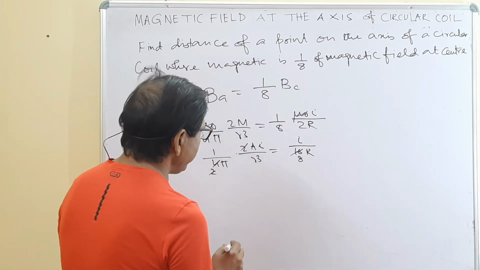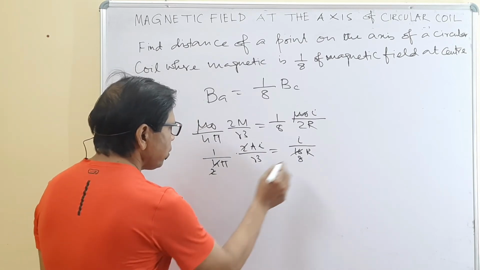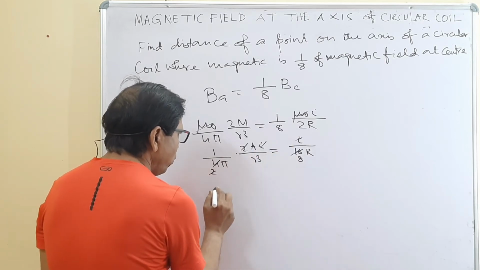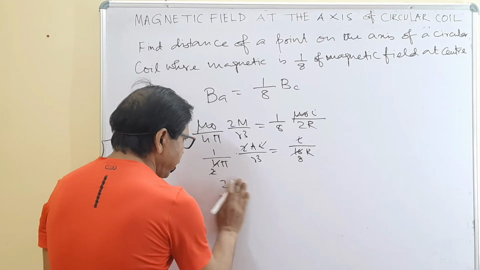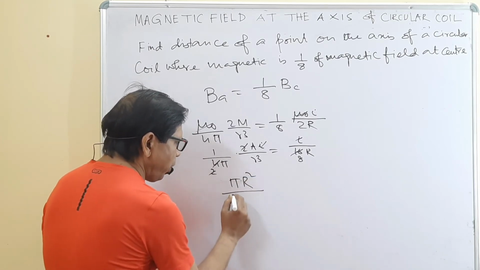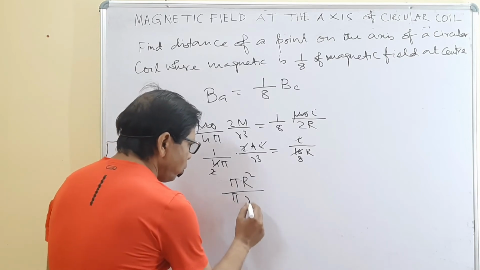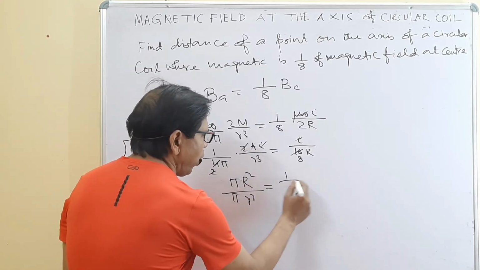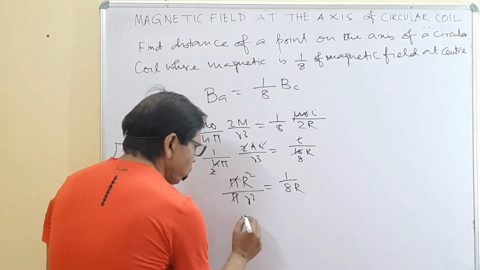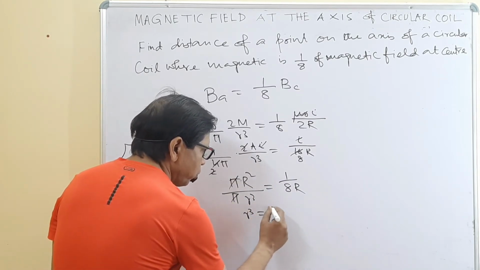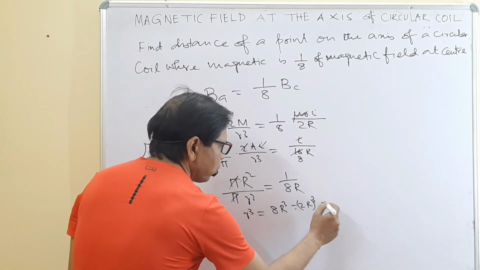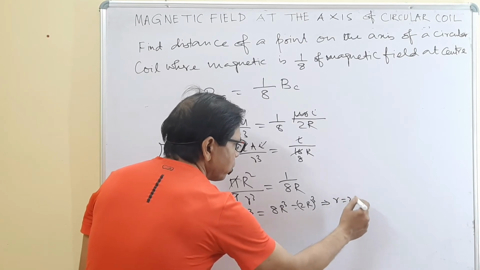Now I cancels out. Here 2πR² by πr³ equals 1/8R. So π cancels out, therefore r³ = 8R³, which is (2R)³, therefore r = 2R. Now r equals the square root of R² + x². So this is 2R.